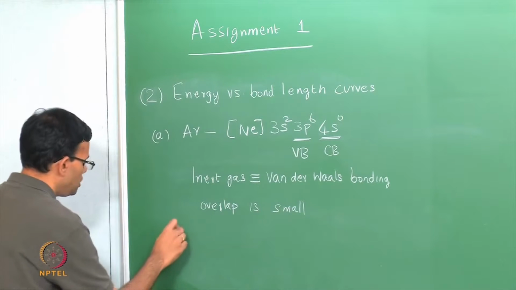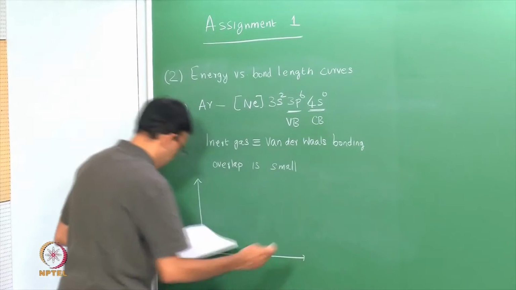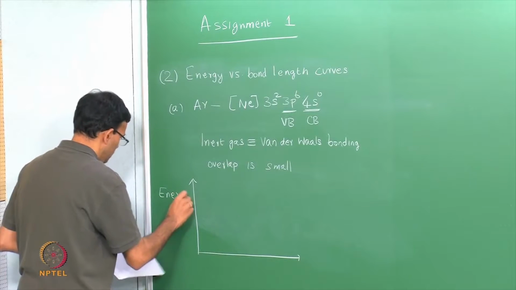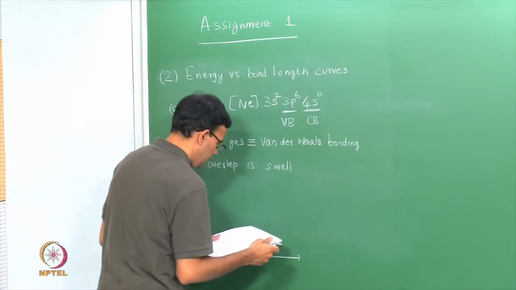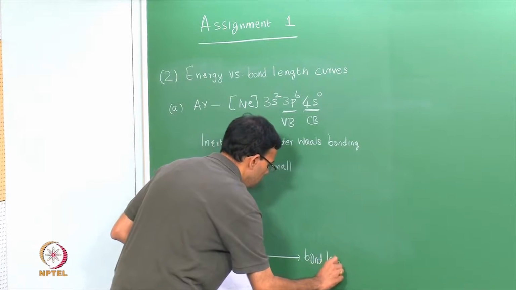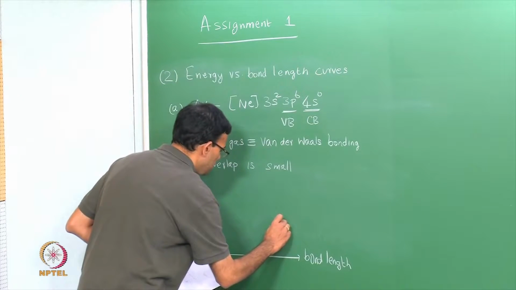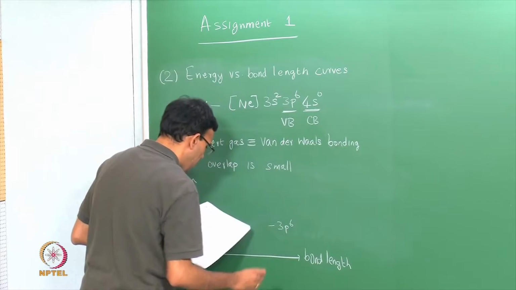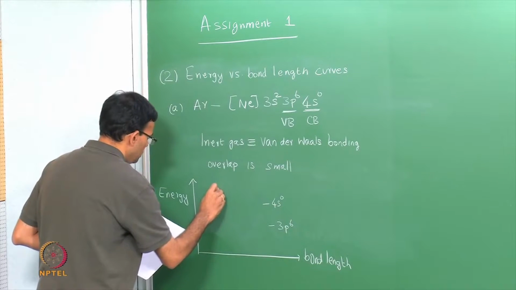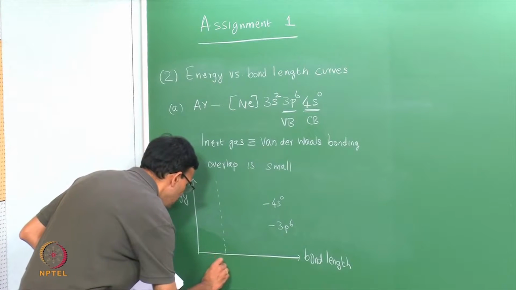So, let us draw the energy versus bond length. I have energy on my y axis, and then I have bond length on the x axis. So, this is my 3p6 which is the full level, and then I have 4s0. There is a certain equilibrium distance which we will keep. So, I am going to call this equilibrium.